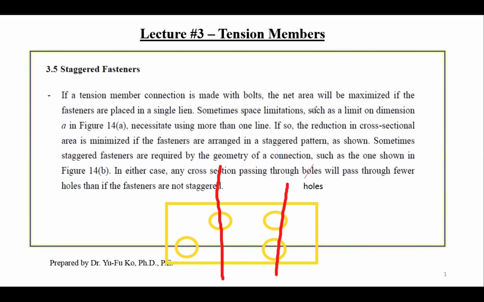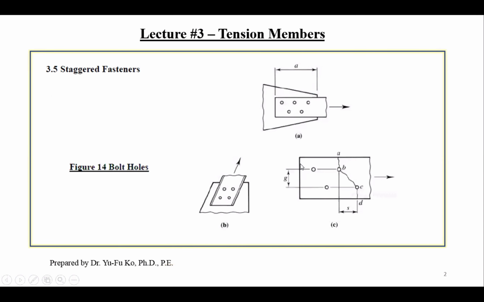Like I said, the reason you need to stagger the bolts is because you have a spacing limitation. Then you need to stagger the bolts in order to fit so many bolts.